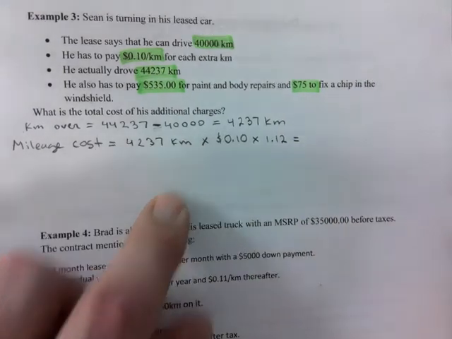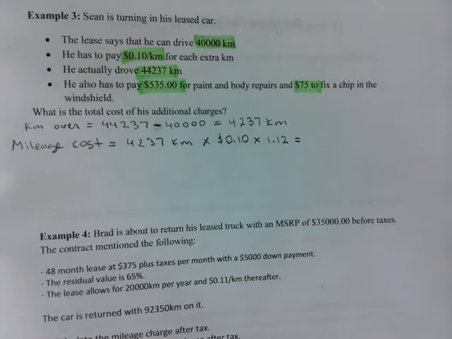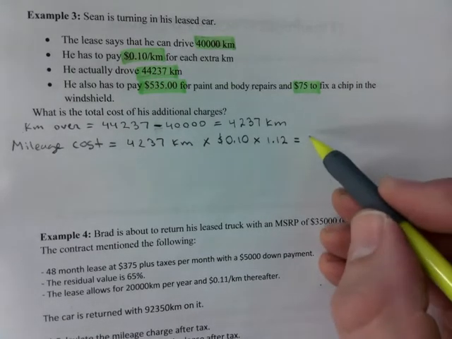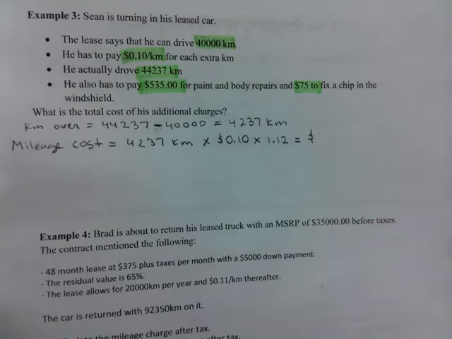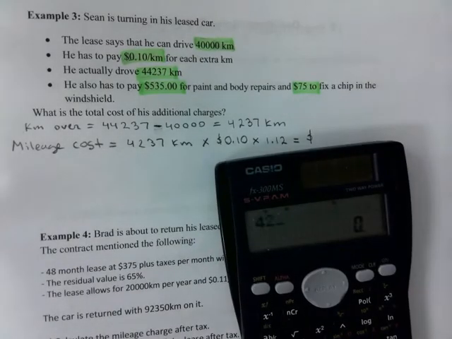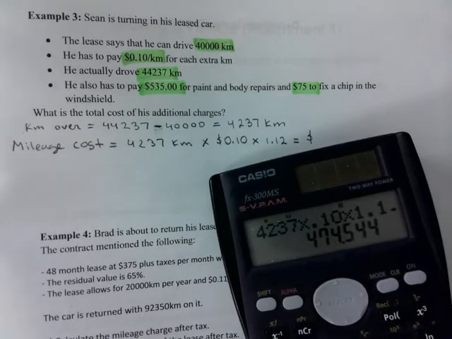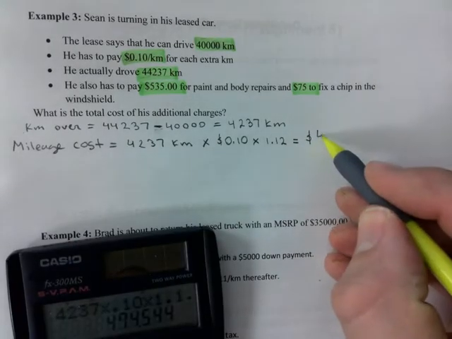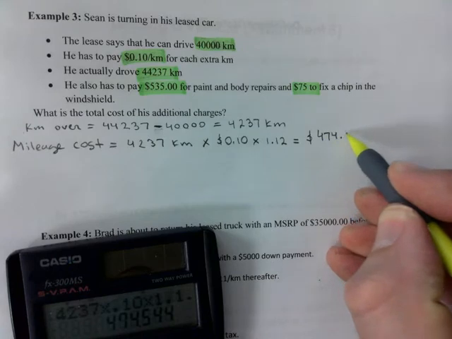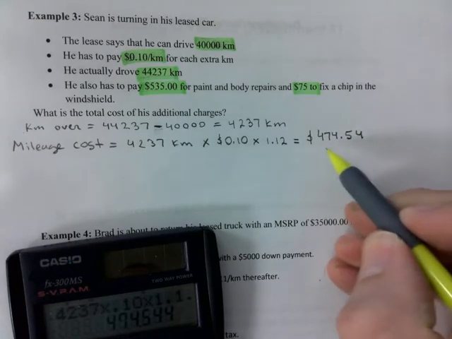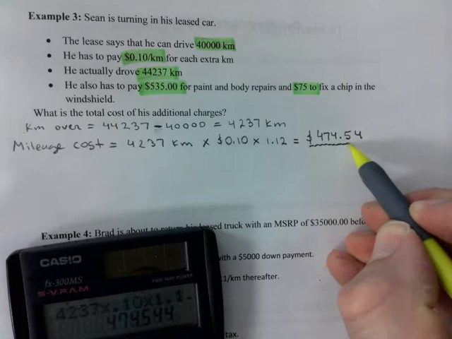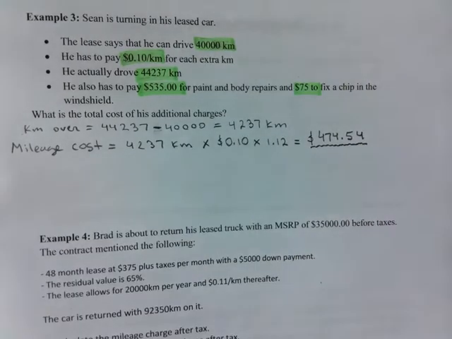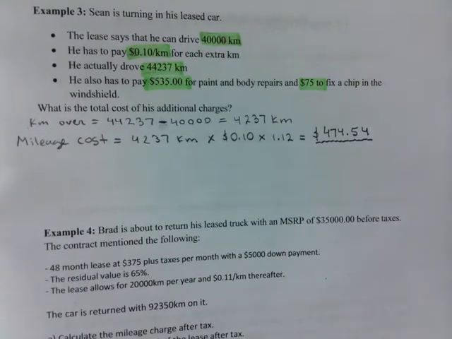It didn't say actually in this question, but most likely it's going to be after taxes. So 4237 times 0.10 times 1.12, 474.54. I'm going to underline it because it's important, but it's not yet the final amount. That's just the mileage.